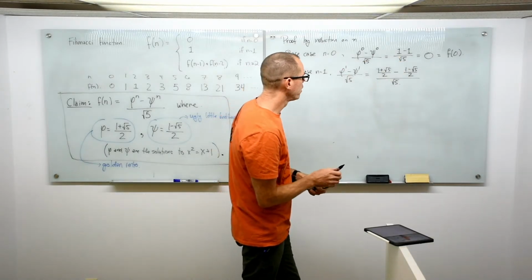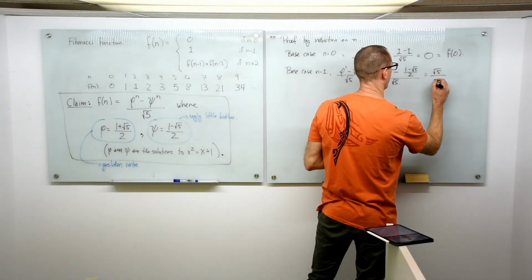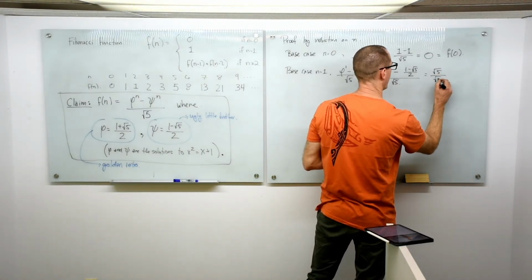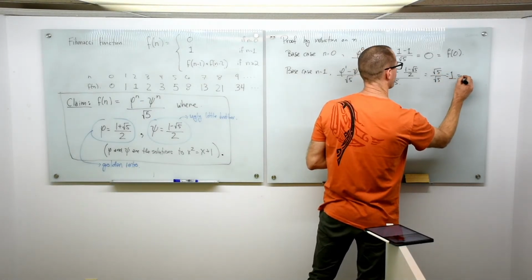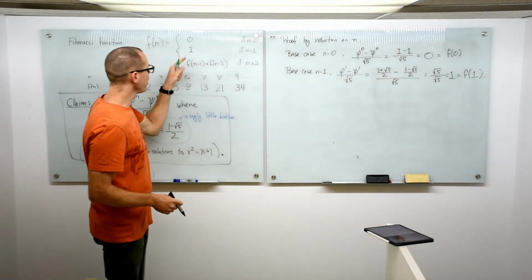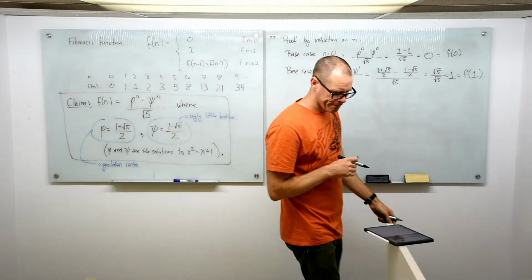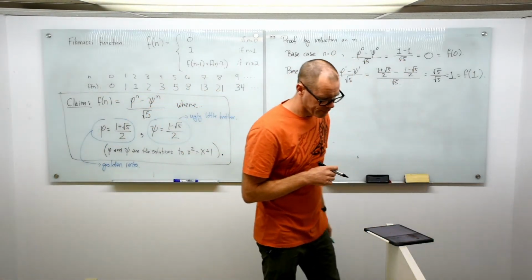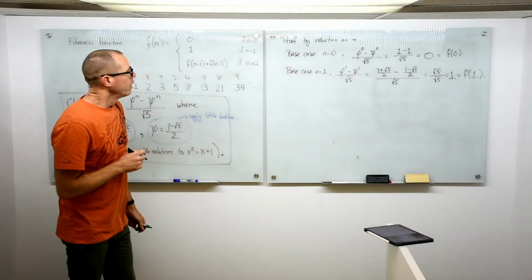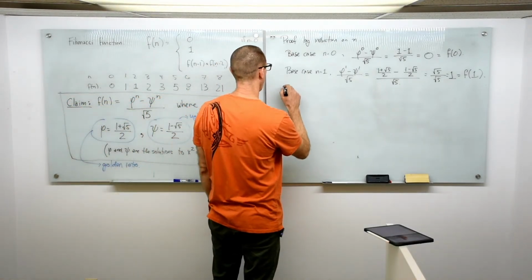So that just gives me root 5. And on the bottom we still have the root 5, which gives 1. And indeed, by definition, that is the value of f of 1. All right. And now, inductive step.